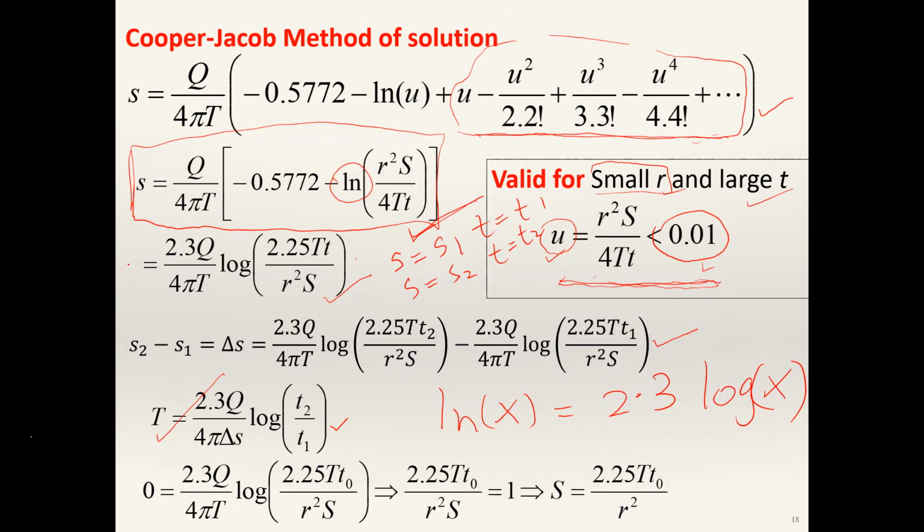You have the S here, the drawdown, and the log T here. Others are constants. So if you develop a relationship between the drawdown and the log T, it should be a linear equation, right?